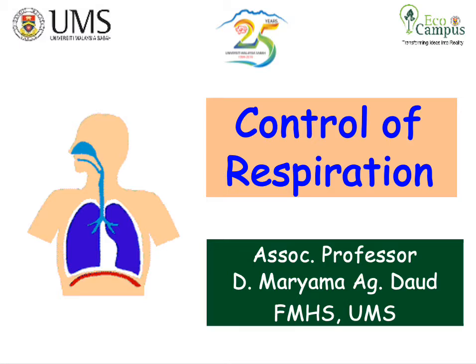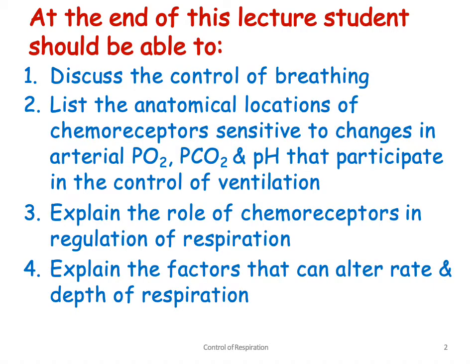Okay, so this is a lecture about control of respiration. At the end of this lecture, you should be able to discuss the control of breathing, the location of the chemoreceptors sensitive to changes in arterial oxygen partial pressure, CO2 partial pressure, pH.